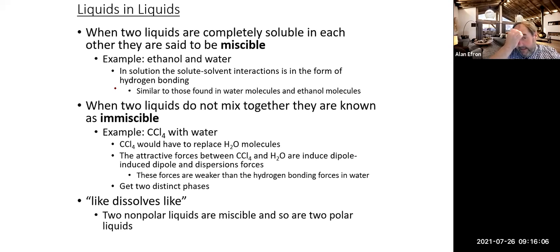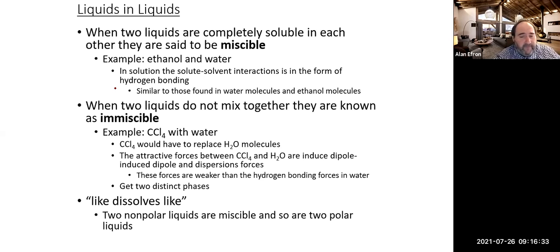When we talk about liquids being soluble in each other, that basically means they mix really well. Sometimes we talk about liquids mixing as being miscible in each other. If somebody says these two liquids are miscible, it essentially means they will look like one solution.